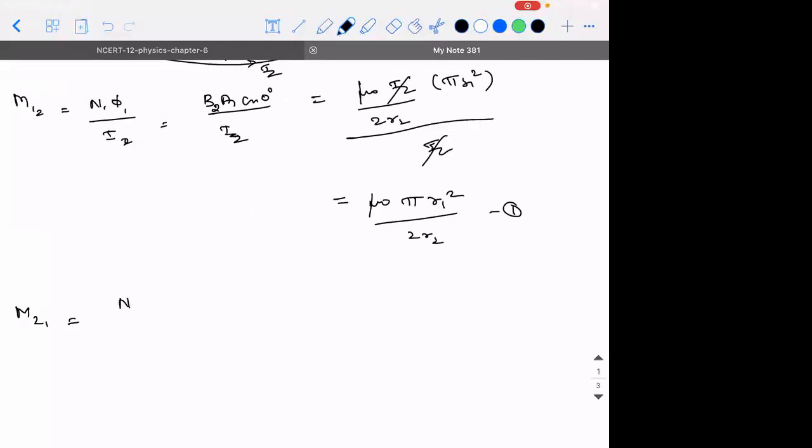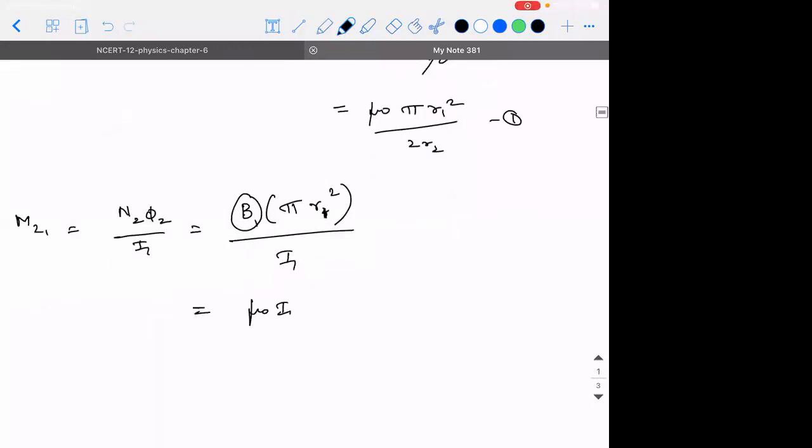Similarly, tell me guys, M21 is equal to N2 phi 2 divided by I1. What is N2 phi 2? That is the magnetic field generated due to the first coil into the area of the first coil, the whole divided by I1. So B1 is how much? Mu naught I1 divided by 2 times R1, into pi R1 square, the whole divided by I1.